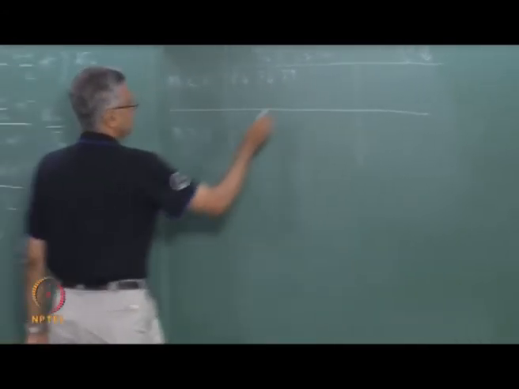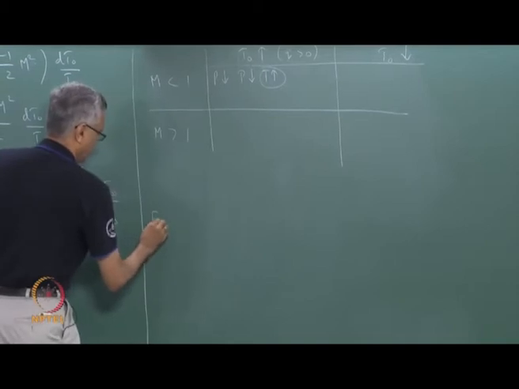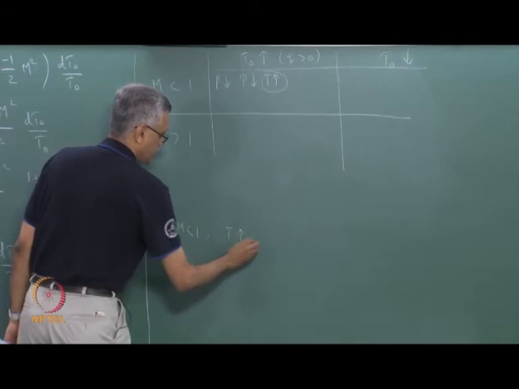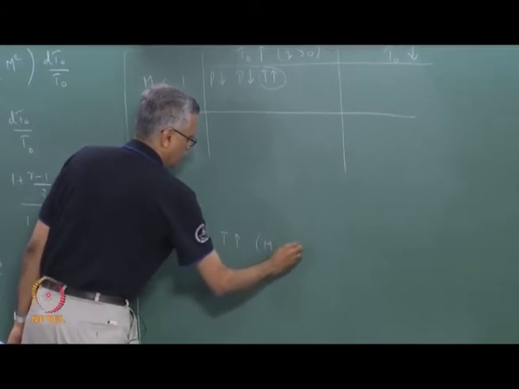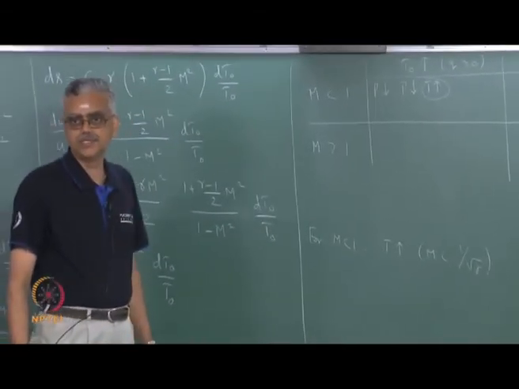So, that is very important. So, let me just put a circle around this and then we will write it here. So, for m less than 1, the static temperature increases if m is less than 1 over square root of gamma with the addition of heat.